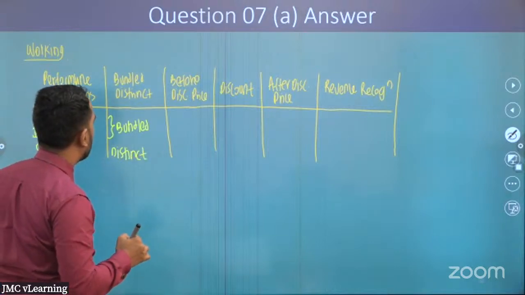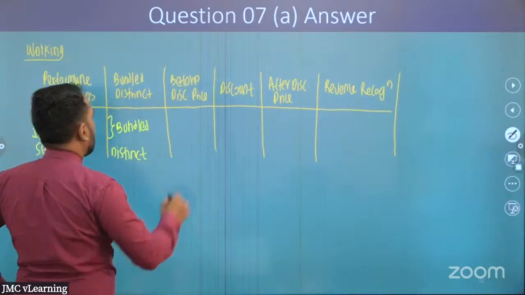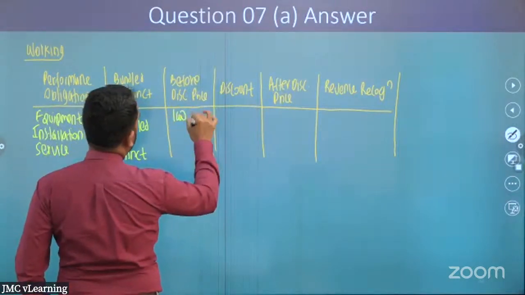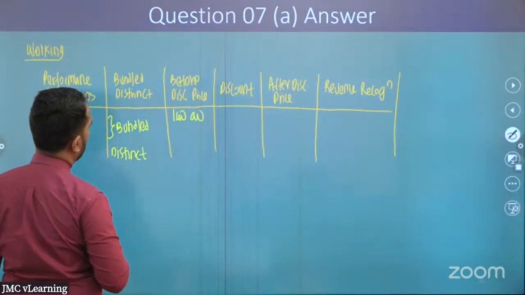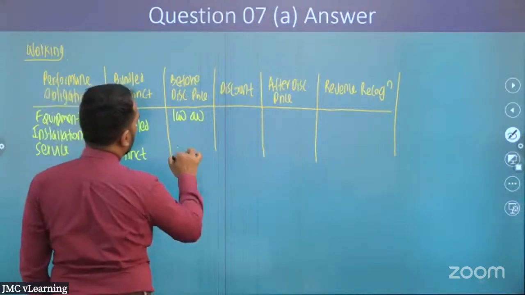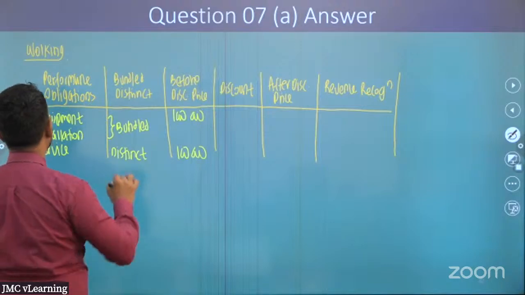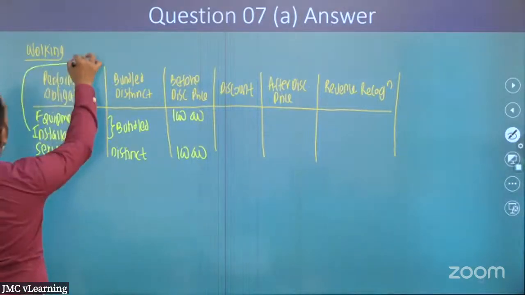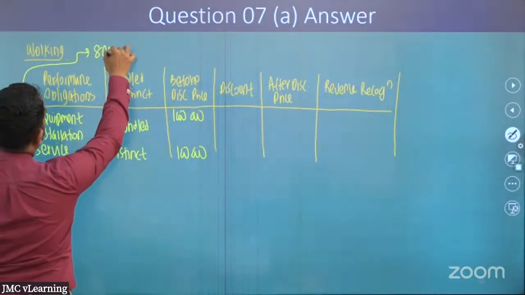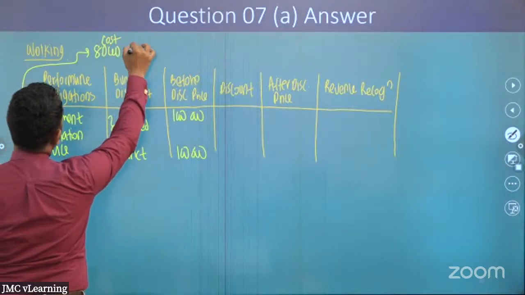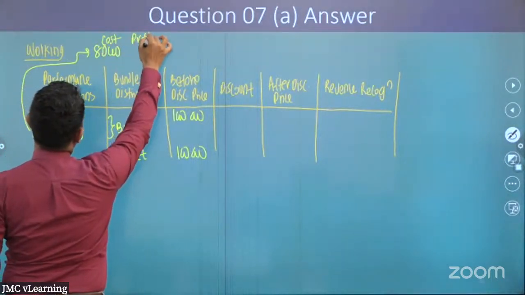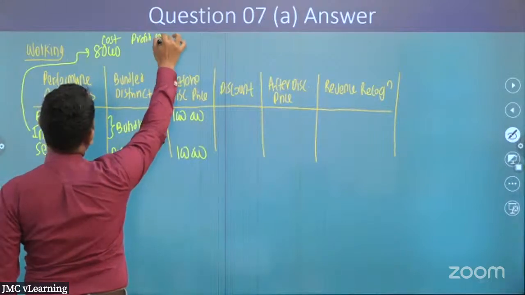I will check the before discount price. Equipment is 1 million. That is given. Service is 100,000. Only thing is they haven't given the installation price. They say 80,000 is the cost and they expect a profit of 25% on cost.